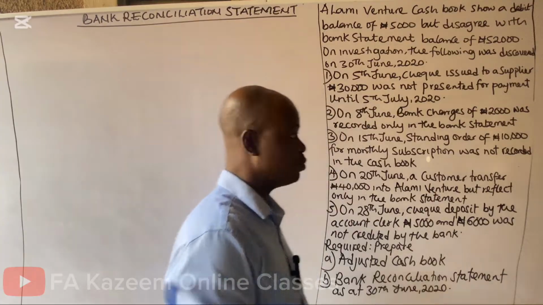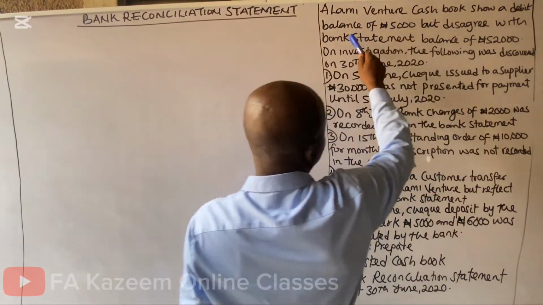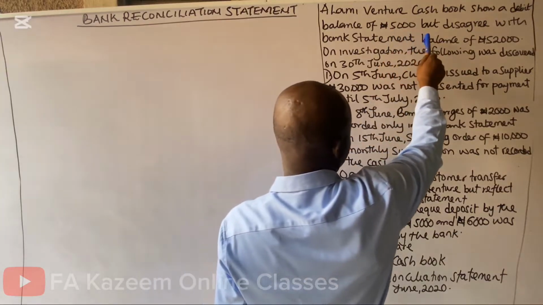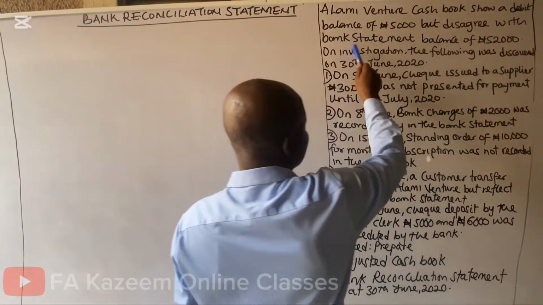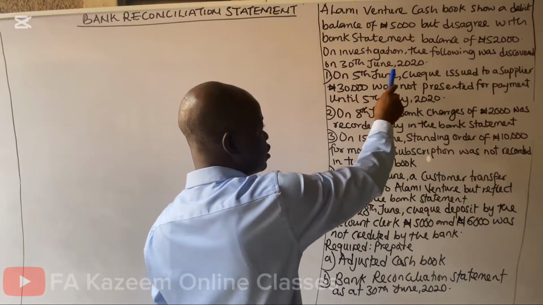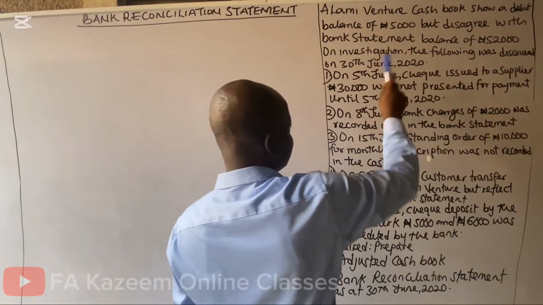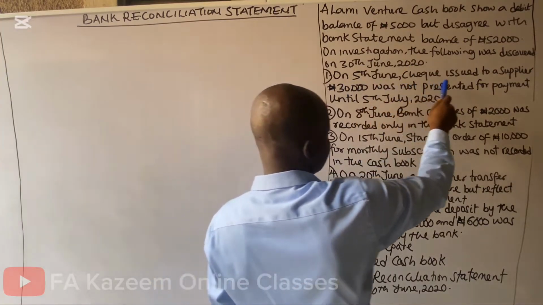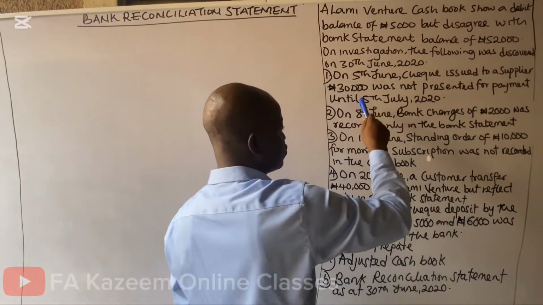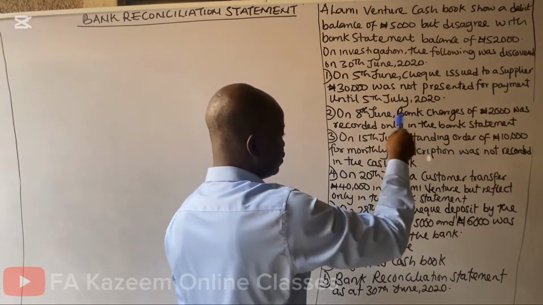We have an illustration before us. Alamin Venture cash book shows a debit balance of 5,000 naira, but this disagrees with the bank statement balance of 52,000 naira. On investigation, the following was discovered on 30th June 2020. One, on 5th June, a check issued to a supplier, 30,000 naira, was not presented for payment until 5th July 2020.